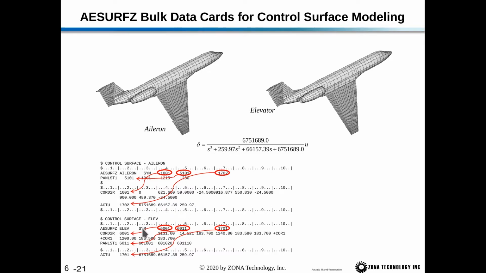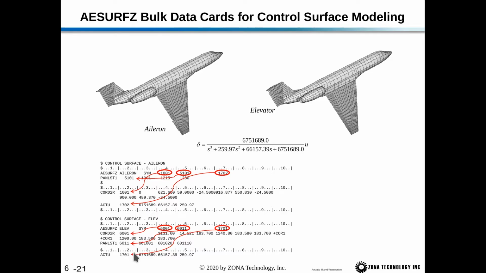And then lastly, for the elevator, we have the Cord 2R card. Once again, the z-axis of this defines the hinge line, and then the pan-LST1 card defines the boxes that make up the elevator. And then we have the same actuator. Now note, even though we have the same transfer function for both the aileron and the elevator, we need unique actuator bulk data cards because the ID number of the actuator will be referred to by our closed loop controller and control system.